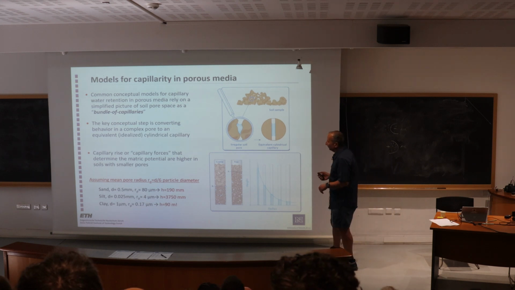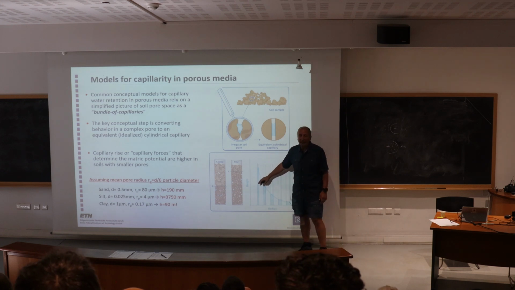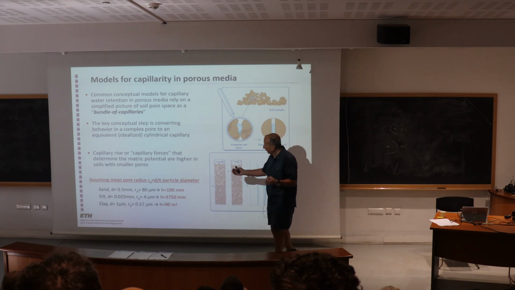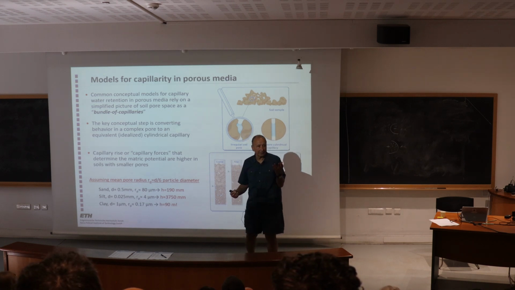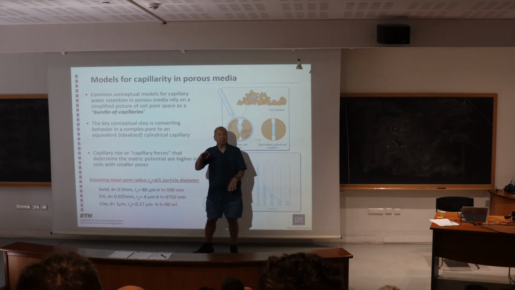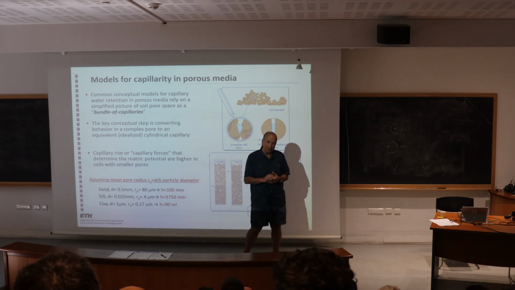We can relate, for example, when we see materials with small grain sizes, say clays, versus material with large grain sizes, say sand, we can interpret the grain sizes back to pores and see what the capillary rise would be, and it's actually working quite well.